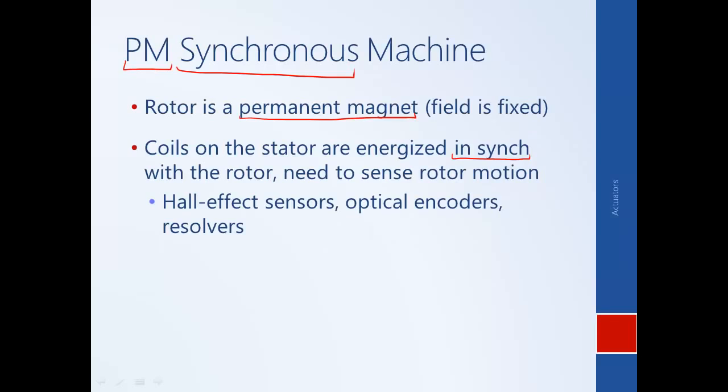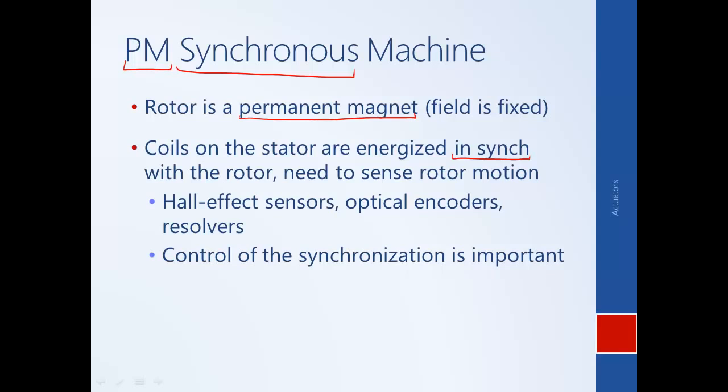In order to synchronize the energizing of the different coils, we need to be able to sense the motion of the rotor, and that can be accomplished in a number of ways, some of which we've discussed previously, including Hall effect sensors, optical encoders, and maybe most commonly resolvers.